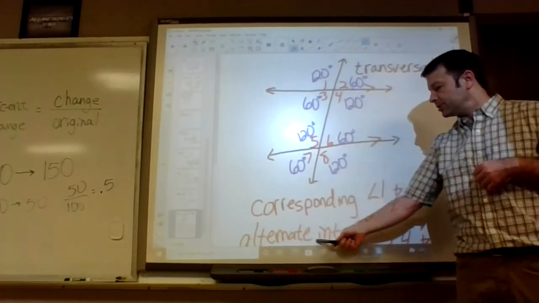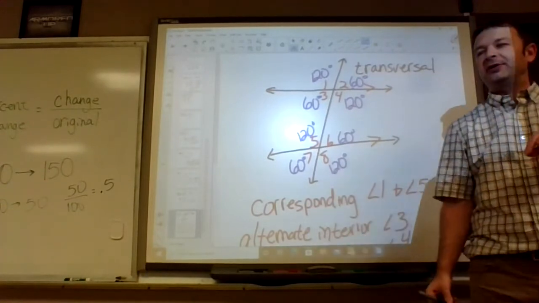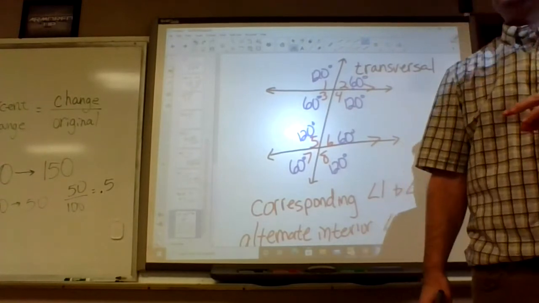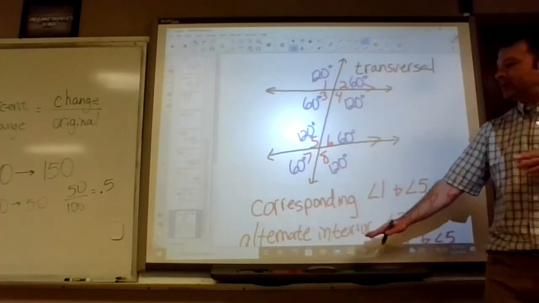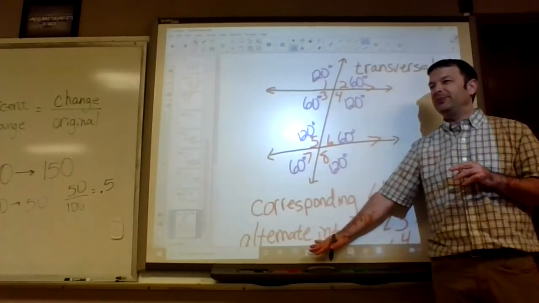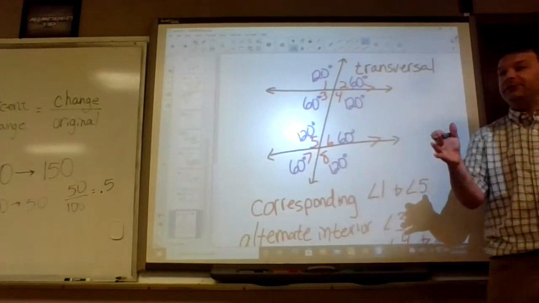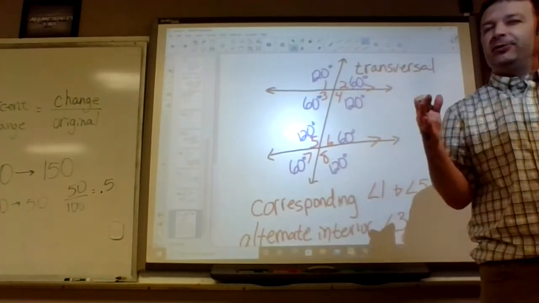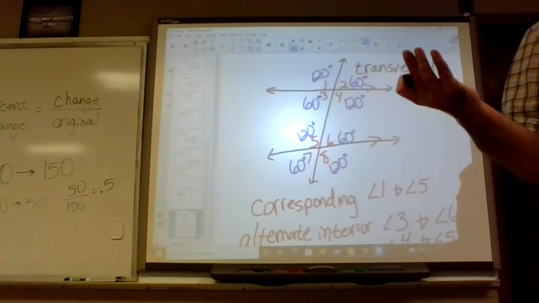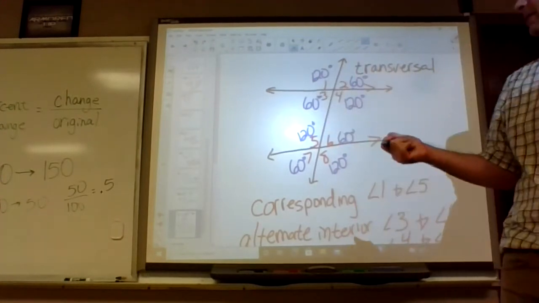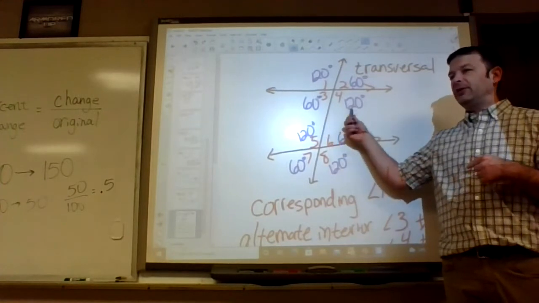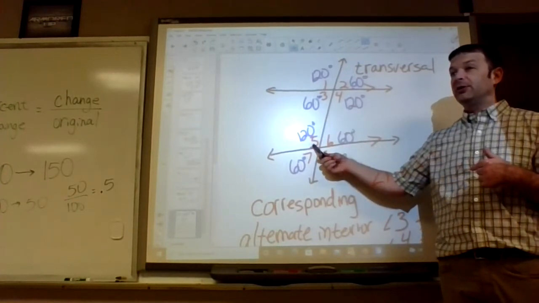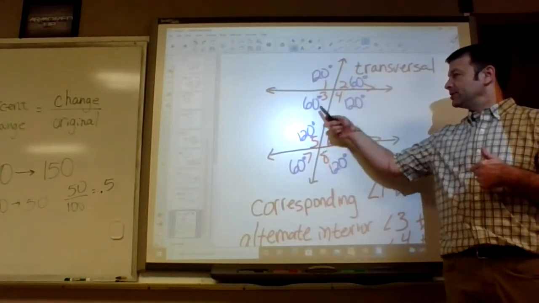Those are called alternate interior angles, and they are congruent. That is a theorem. That's a theorem because it's something you can prove. It's called alternate interior angle theorem. You don't really need to remember the name, although it's not that hard to remember, but you just need to know if the lines are parallel, alternate interior angles are congruent. Okay? These are the same, these are the same.